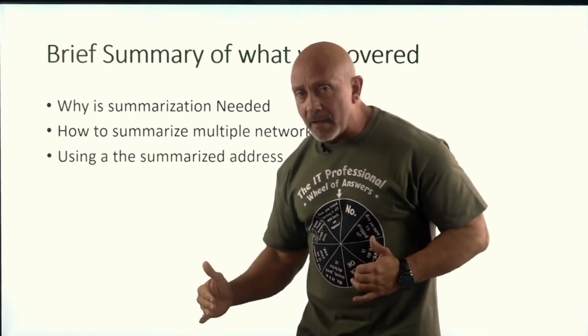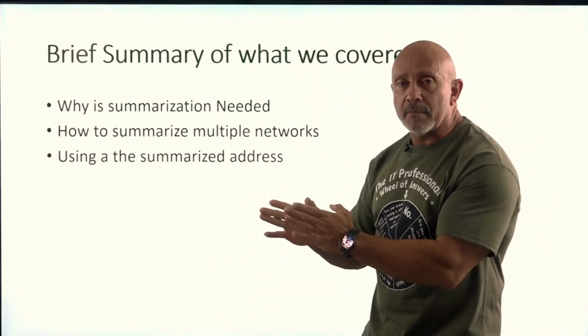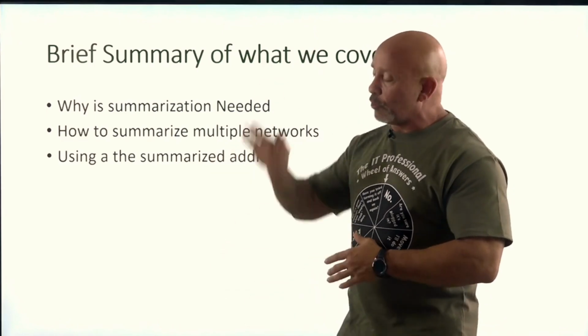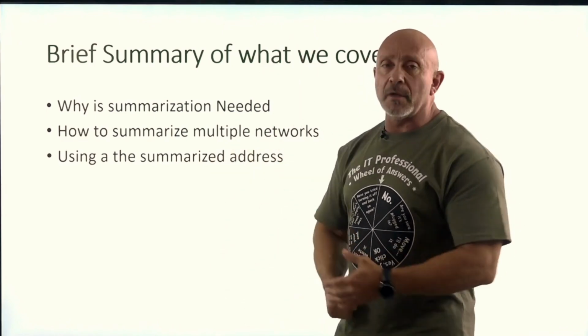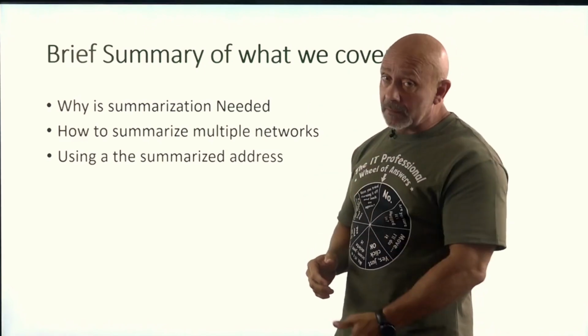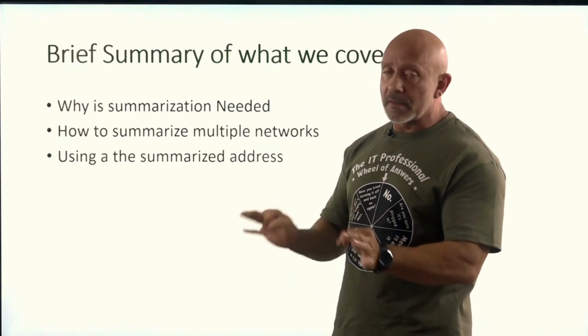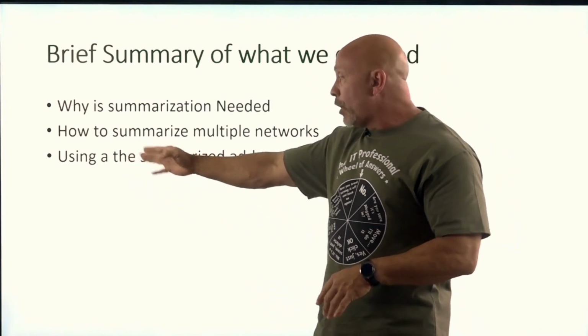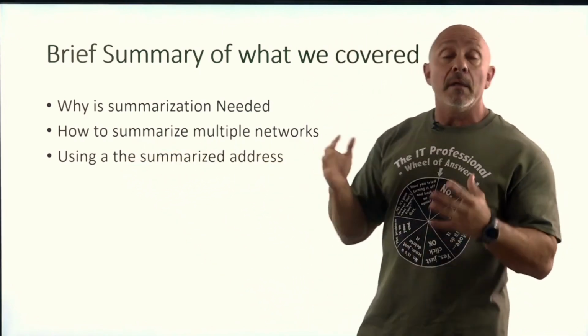We took that third octet and broke it into binary. When we found the uncommon bit values, we drew a line right there. That's our new mask. Anything to the left of the line that's on, all the way down, you put it there. If it's not, it's 0. Then we used the summary address that we found in the lab.